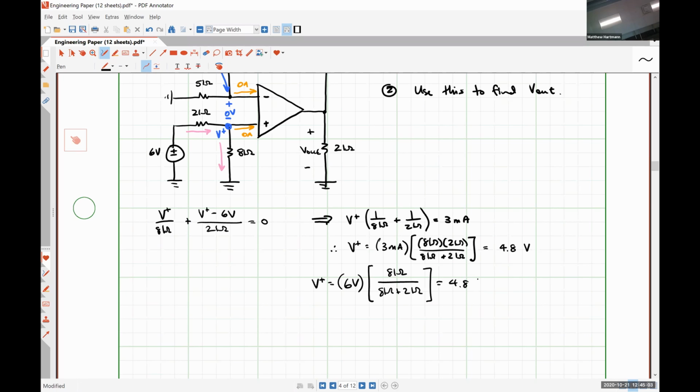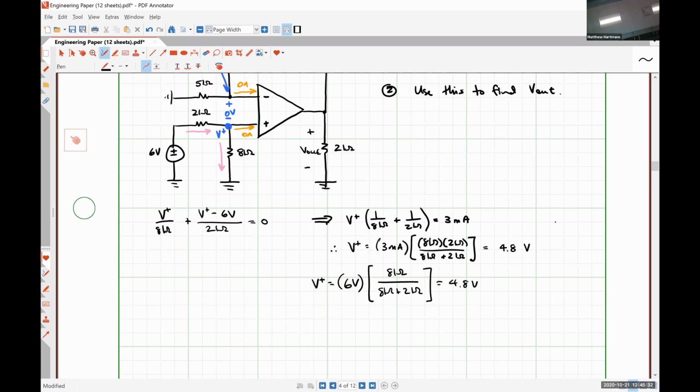Well, it's also 4.8 volts, right? Any method that you want to use to get V plus is probably correct as long as you're noting that there's no current branching off and flowing into the non-inverting input terminal. So really it's 6 of one, half a dozen of the other, but to me, the voltage division method is faster because you can do it in one step.